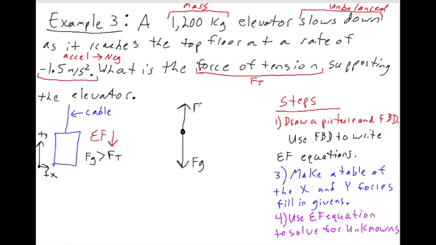So I'll draw force tension pointing up. And again, force tension will be smaller here because I know that I am accelerating in the negative direction. So acceleration in the negative direction is going to result in a bigger force pointed in that negative direction. I also know that these two forces are not the same size because it tells me right here that I'm slowing down, which means unbalanced.